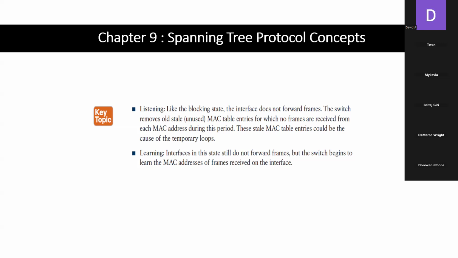So essentially, adding in the max age timer, for an interface's port state and port role to change may take roughly 50 seconds. That's going through the different spanning tree port states in regular spanning tree and adding in the max age timer.